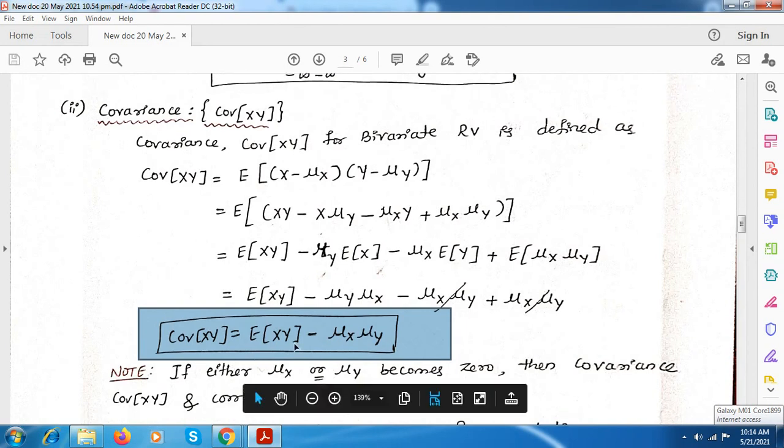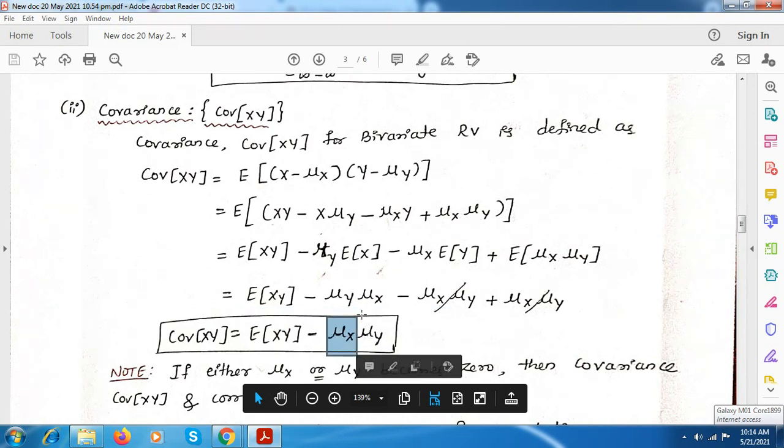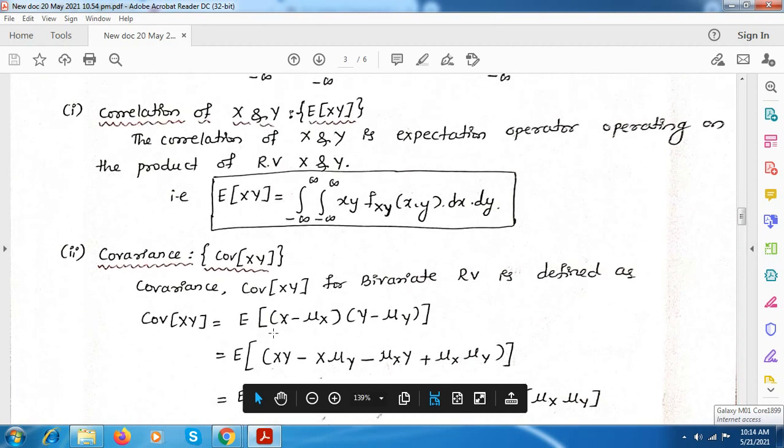So if you see in this equation, if any one of the mean values, if mu x is equal to 0 or mu y is equal to 0, this side will become 0. So this covariance will be E of xy. Here E of xy is nothing but the correlation formula.